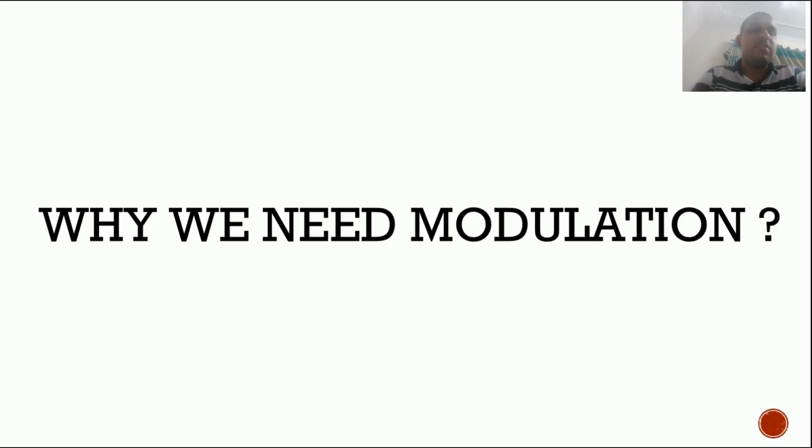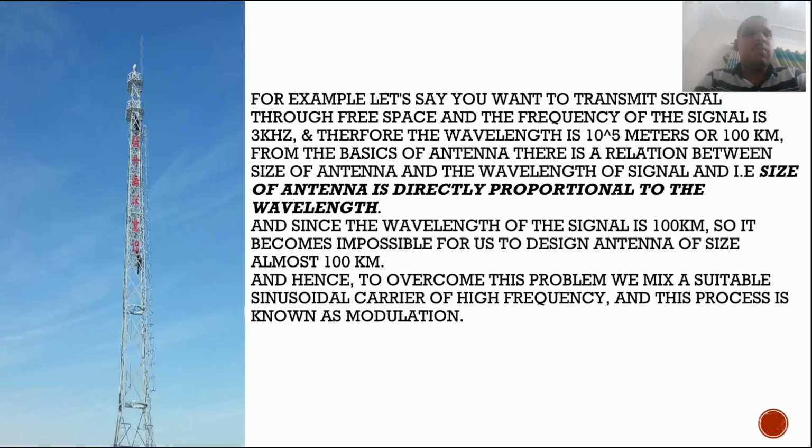So the question arises, why do we need modulation? Before jumping straight into the definition, I want to show an example. If you want to transmit a signal through free space and the frequency of the signal is 3 kHz, then the wavelength is 10^5 meters or 100 km.